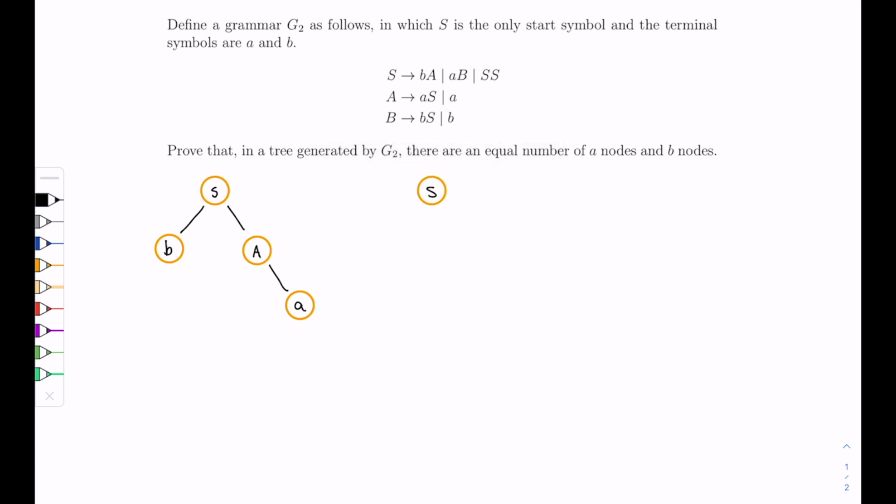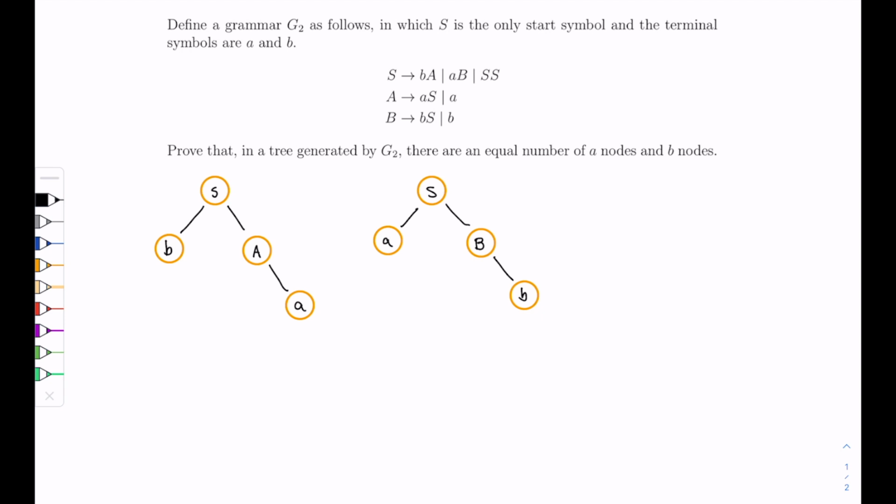So we have S. This is going to follow similarly. But what's going to happen is we're going to choose this rule here instead. So we're going to have A, we're going to have B, and then B has a child that can terminate, lowercase b here.